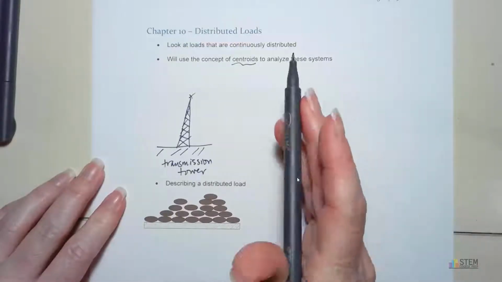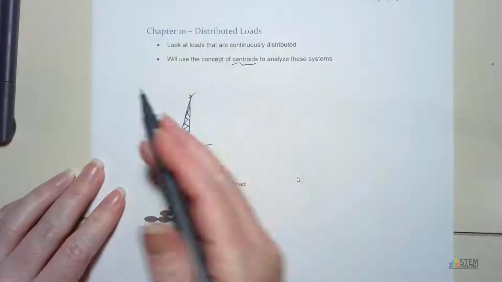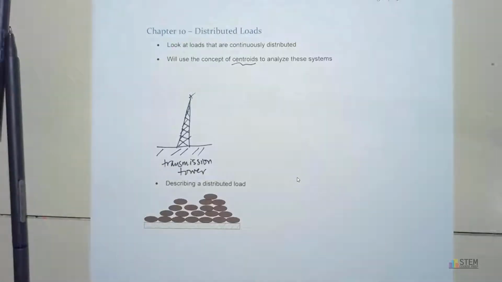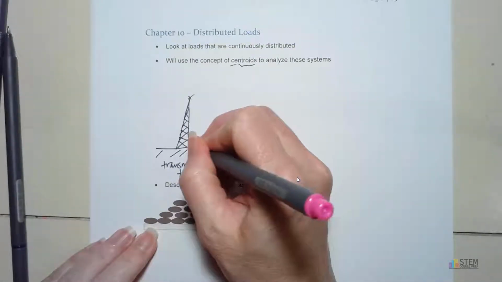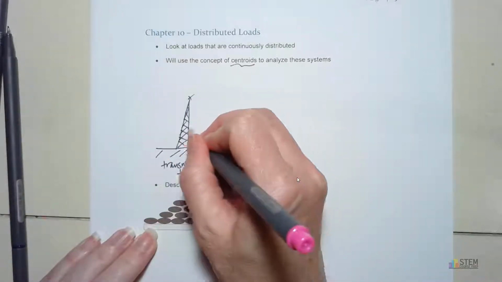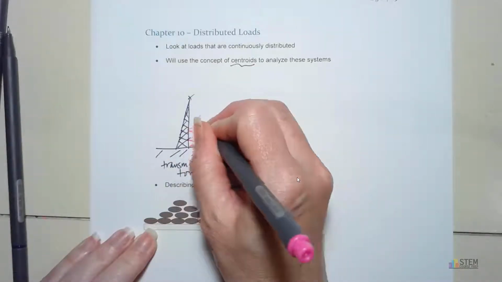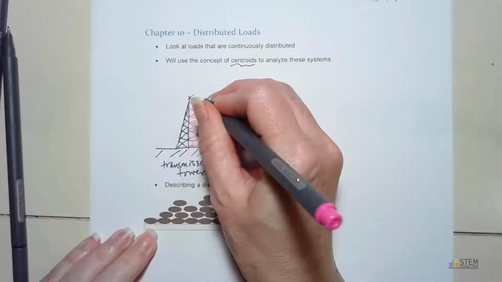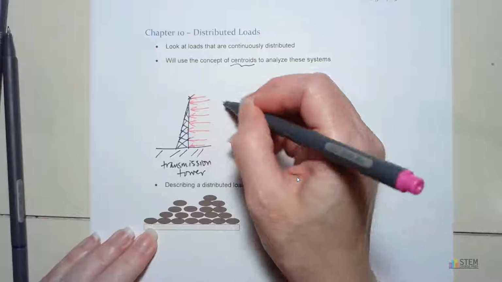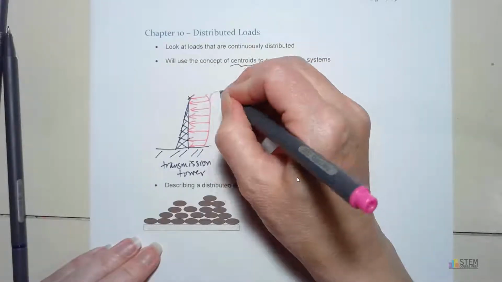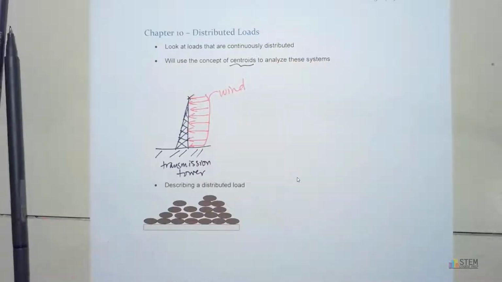Now let's say it's a windy day, and the wind's going to blow into this tower. If it's coming from this direction, it may look something like this. All right, and we can put a line there. So this here is going to represent the wind.